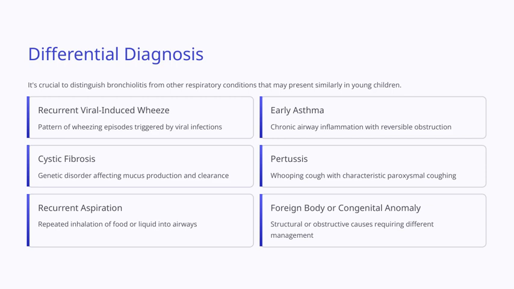A foreign body in the airway can cause sudden onset of symptoms, and congenital anomalies may present with ongoing issues that need surgical or specialized intervention. All these conditions highlight how diverse respiratory presentations can be in children, making careful assessment and differential diagnosis essential in guiding effective treatment.